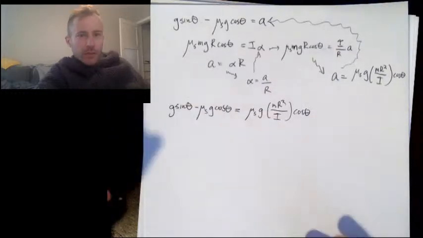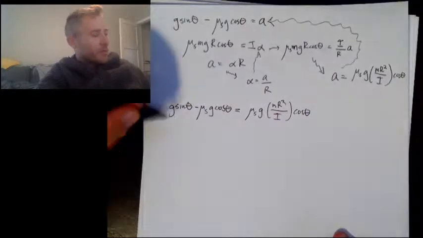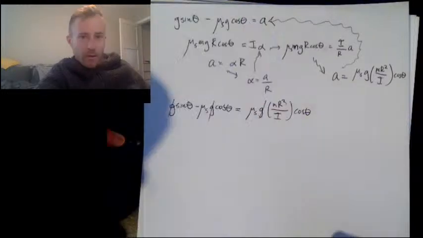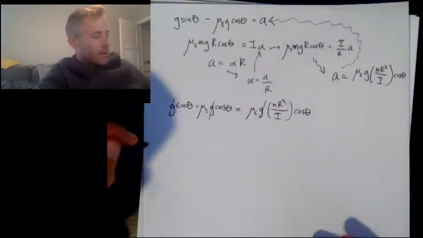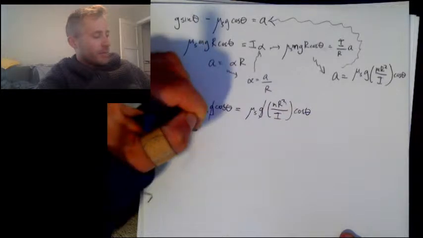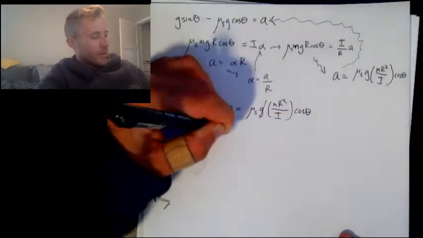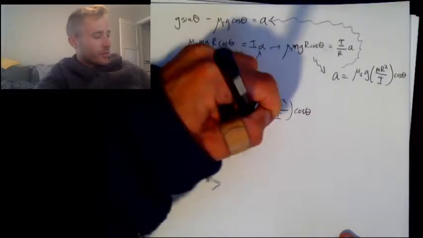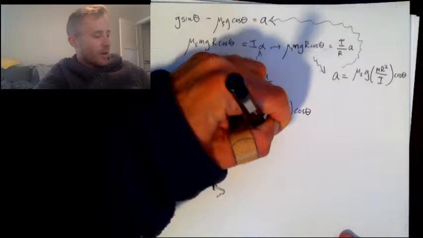So now I notice that all three terms have gravity, so gravity cancels out. All right, so rewriting the equation again, sine of theta minus mu sub s cosine of theta equals mu sub s mr squared over I cosine of theta.